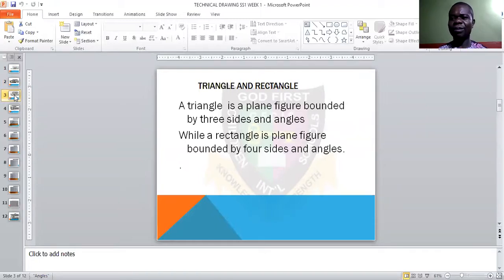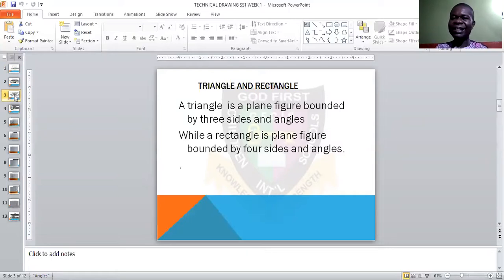What is a triangle? In our SS1 week 1 work of first term, we discussed the triangle, and later on we also discussed quadrilateral. That is plane figures having 4 sides, or 4-sided plane figure.